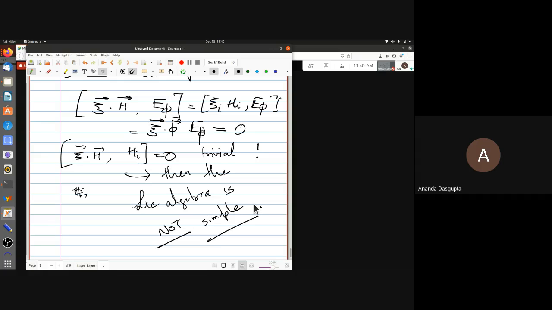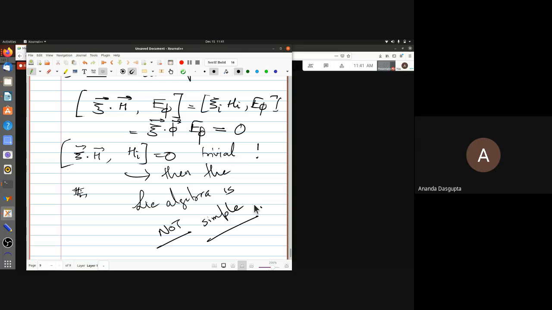It is an ideal. Does that remind you of something? We already talked about this, right? We said that we are only going to talk about simple Lie algebras. In fact, we are going to only talk about semi-simple Lie algebras. Such operators can exist in non-simple Lie algebras, but since we are only restricting ourselves to simple Lie algebras for the time being, such an operator simply cannot exist because its existence would contradict the simplicity of the Lie algebra.